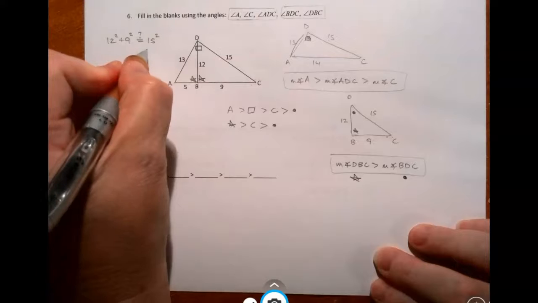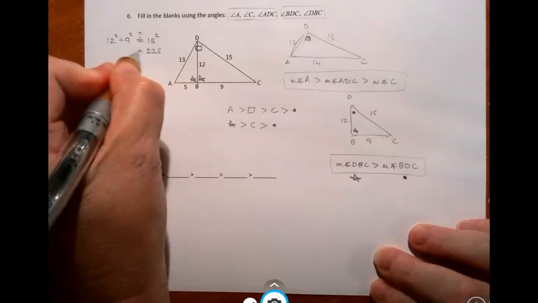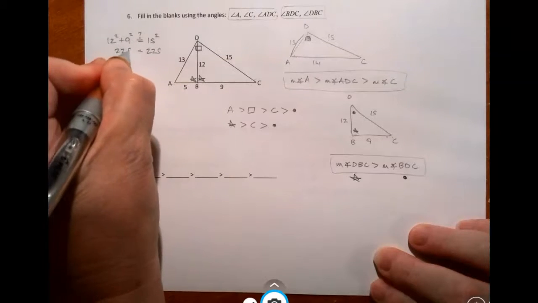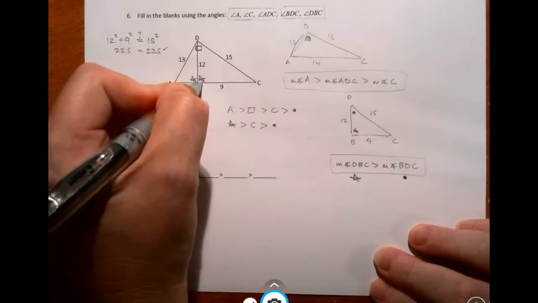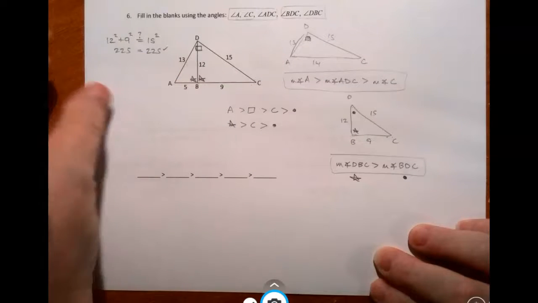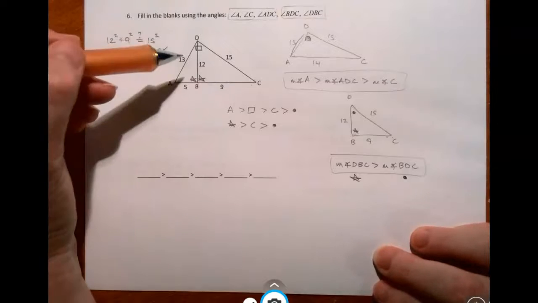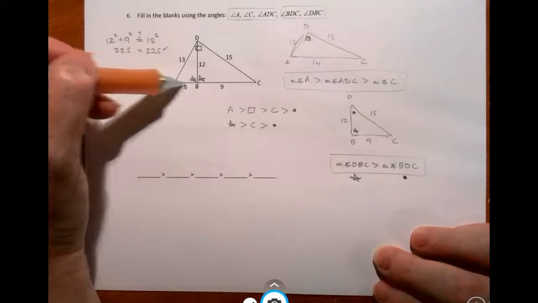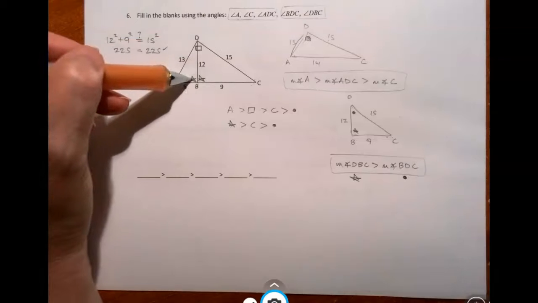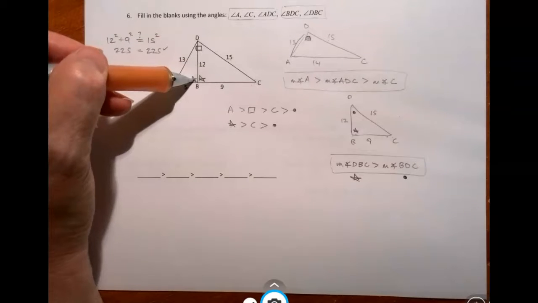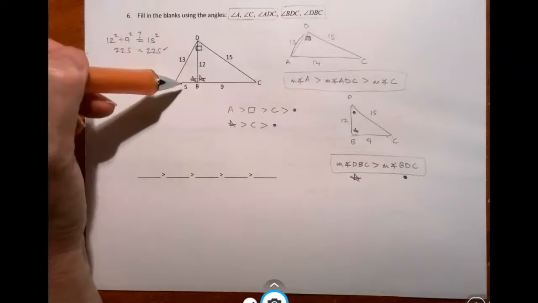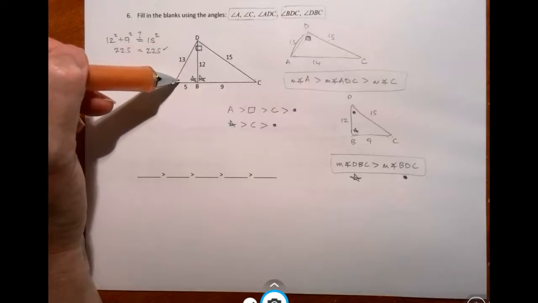So this is 225, and the left-hand side is also going to be 225. So this is in fact a right angle, which makes this a right angle. So that's going to help us as well, because now in this little triangle right here, I know that this is the largest angle, and I know that this angle is smaller than this angle.